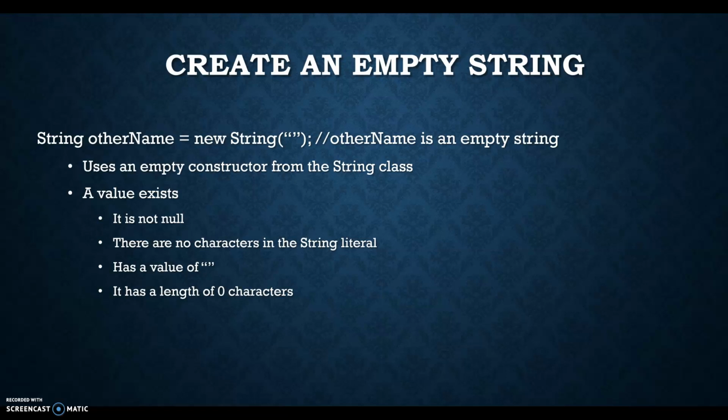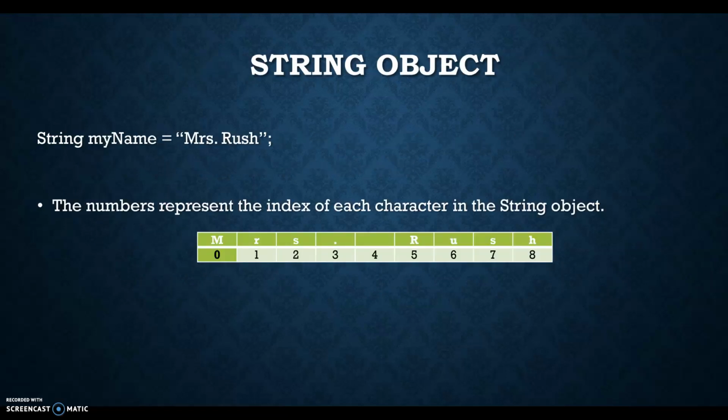Therefore, you can perform a method on an empty string, but you cannot perform a method on a null string. Any attempt to execute a method on a null string again will result in a null pointer exception. So once again, an empty string, a value exists, so it's not null. There are no characters in the string literal. It has a value of open quotation, close quotation, and it has a length of 0 characters.